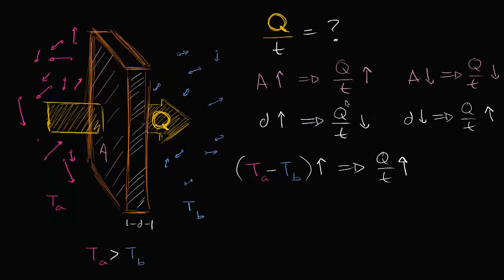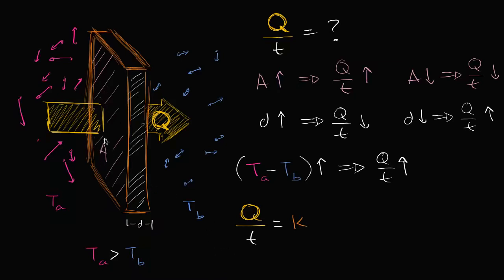So how can we encapsulate all of this intuition into a formula for describing thermal conductivity, for thinking about how quickly this heat will be transferred, the rate of heat transfer? Hopefully this comes out of a little bit of common sense or an intuition of what would happen here. The rate of heat transfer is going to be proportional to the area.